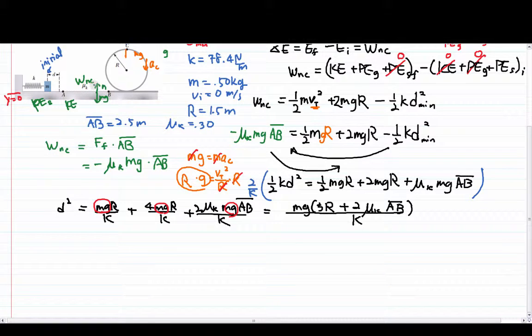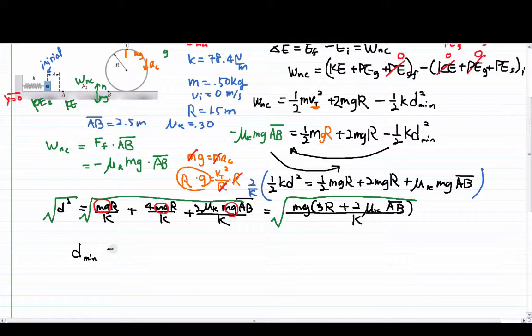Now we're going to square root this. And then plug in our given variables.